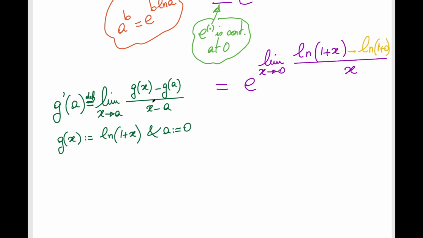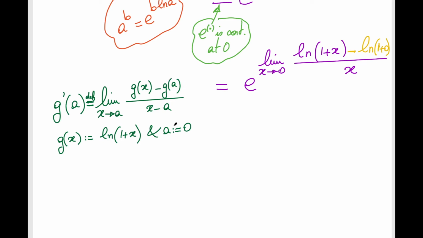Okay, how would you read this equality for such choices? Forget about the left side for a second. This right side becomes the limit as x goes to 0 of g of x, what's g of x? ln of 1 plus x, minus g of a.